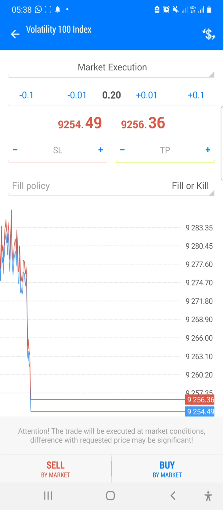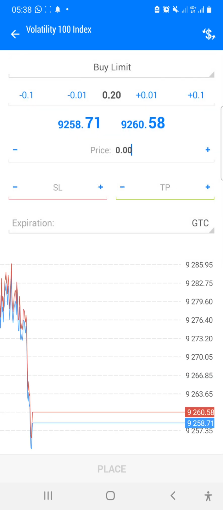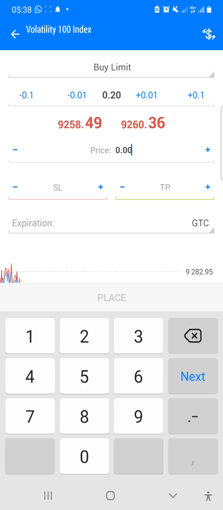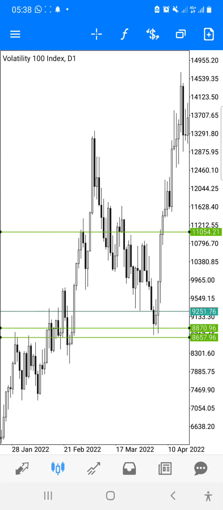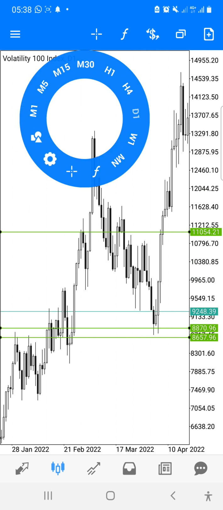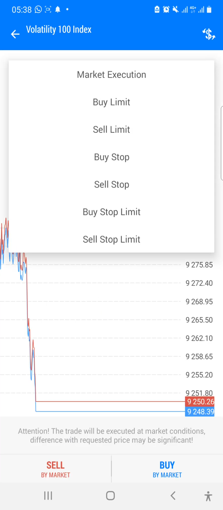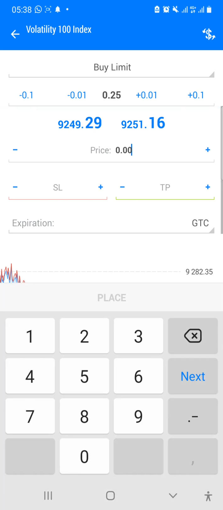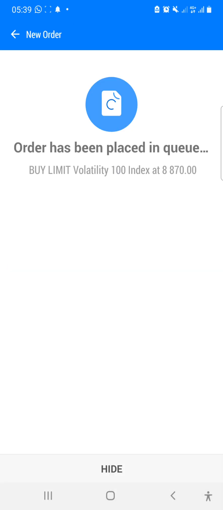So same way, it will just be, let's say, buy limit, same process, everything. Let me just check, I've forgotten the values. 8,870. Okay, it will just be buy limit.